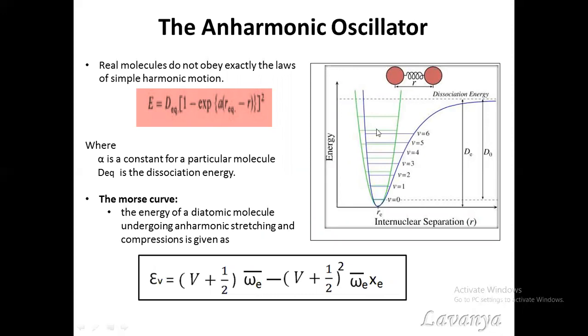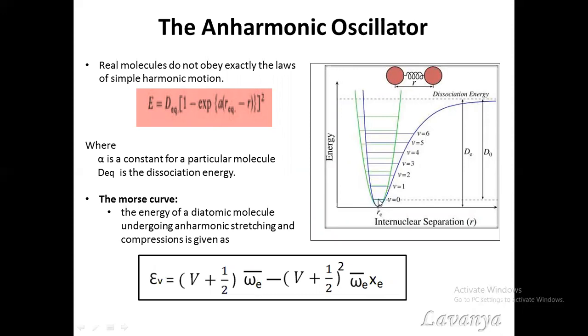Look at the image here. I have just represented both the curves. Here, this green colored parabola represents the harmonic oscillation, whereas for the anharmonic oscillator, we will get a graph in the form of this. There will be some deviation.